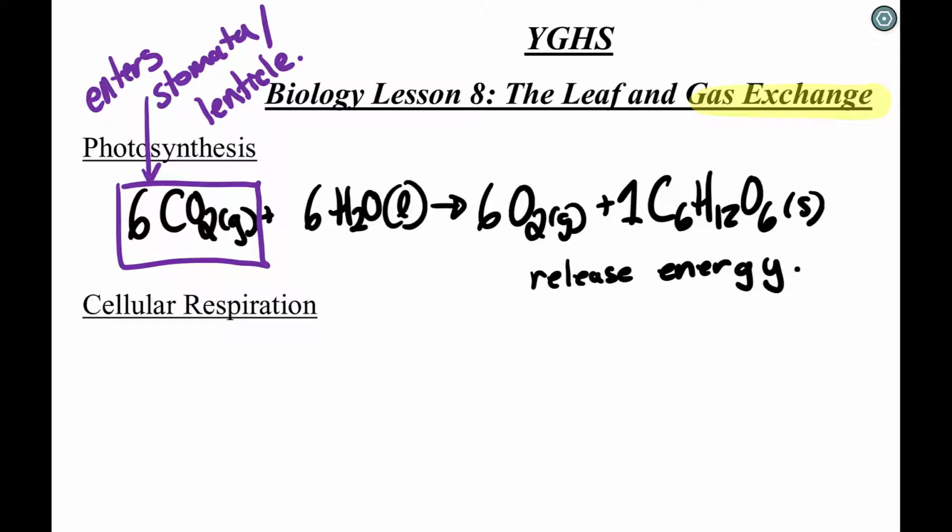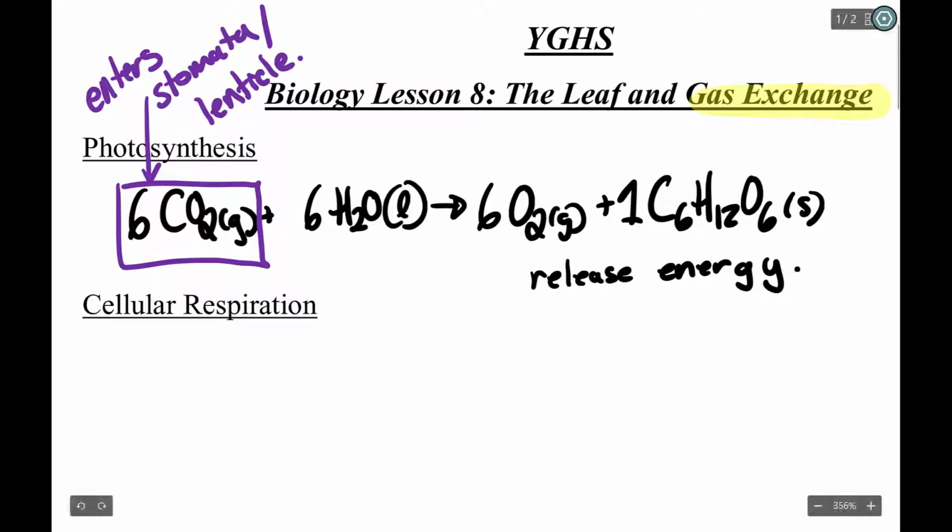Now, some trees actually do photosynthesis in the trunk itself. If you've ever been somewhere warm like Palm Springs, you'll see some trees that literally have a green trunk with lenticels on them, and it actually does photosynthesis right in the trunk. But most plants do it just in the green parts of the leaf.